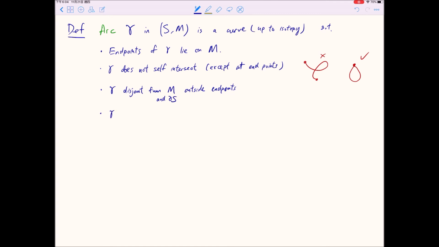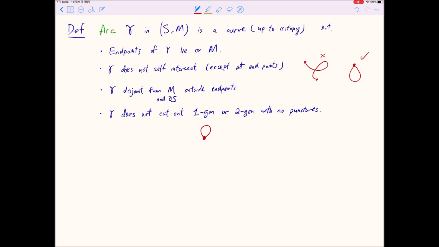And finally, this is a technical condition where we allow the curve to cut out a 1-gon or 2-gon with no punctures. So a 1-gon means a loop with just one mark point.